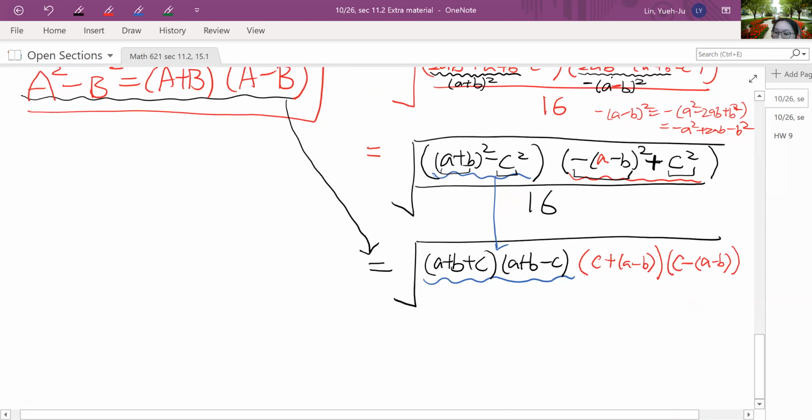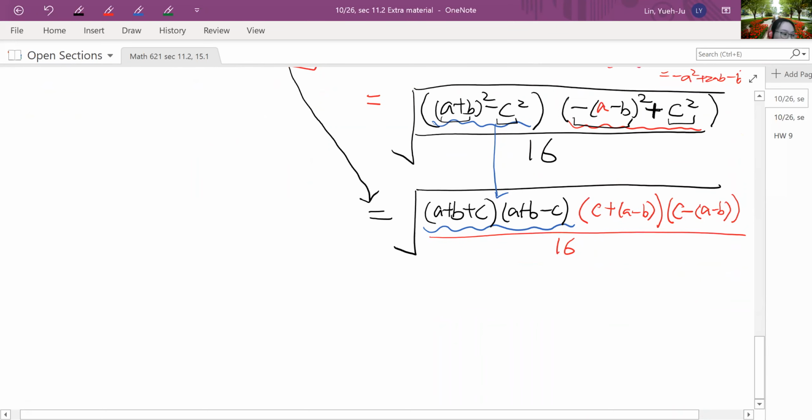Okay, so now we have 16 in the bottom. One last step. This is really just keep rewriting things. I'm going to rewrite this into four products together. The first one is a plus b plus c divided by 2. I just keep it.